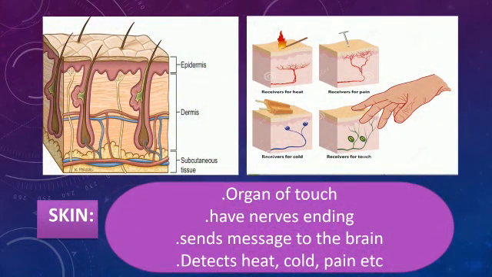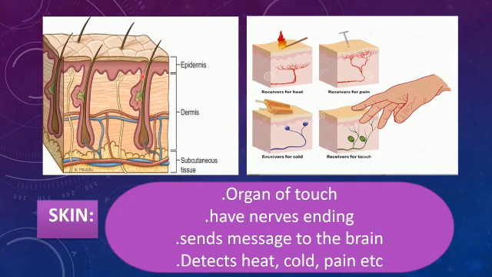This is the last sense organ and that is called the skin. Skin is all around your hands. So you can call hand as an organ of touch or skin as an organ of touch. See, I have discussed the word nerves in the nose topic.